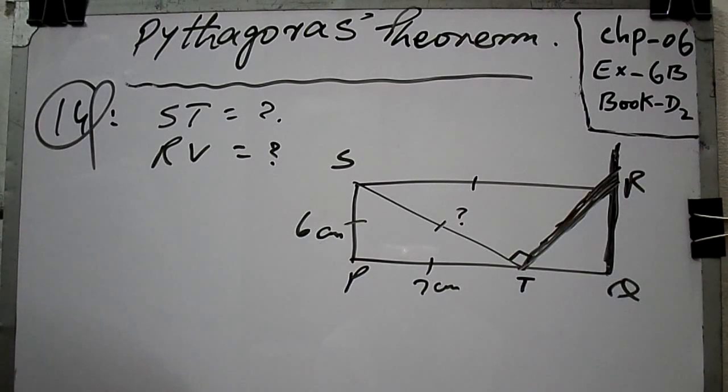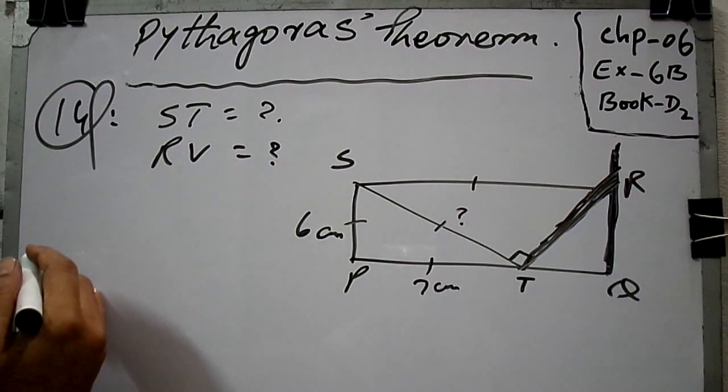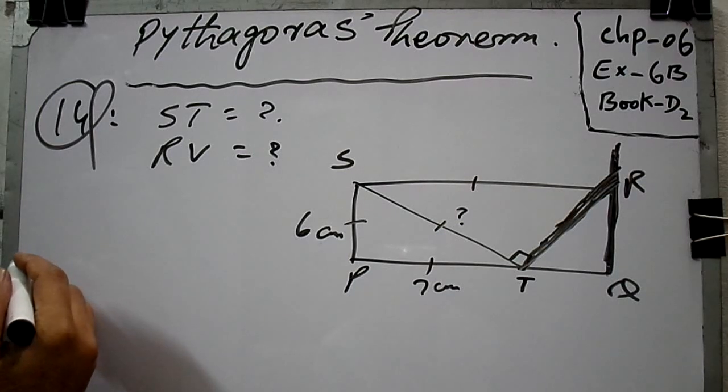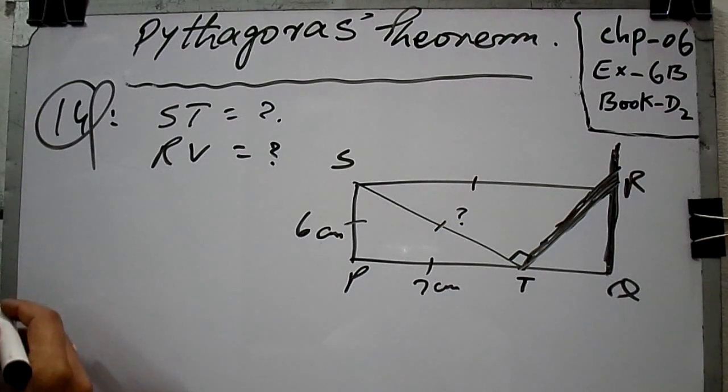So the value of ST and RV can be found by using Pythagoras theorem, because both have the same configuration.